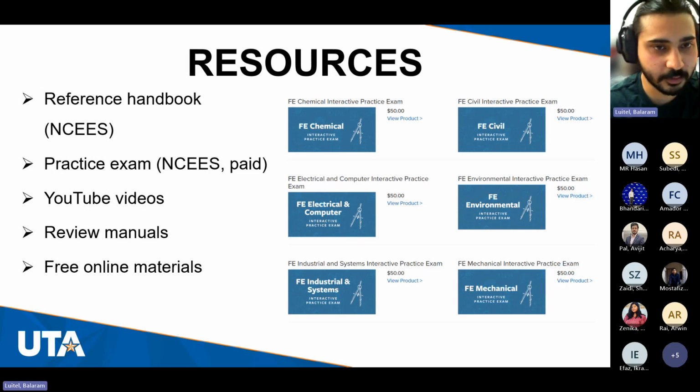There are review manuals as well. You can buy them, or some of the manuals are available for free in PDF format. There are tons of free online materials. Here at UTA as well, I have seen in recent years during the summer semesters, there has been FE preparation classes.